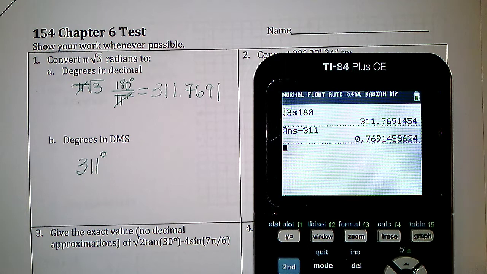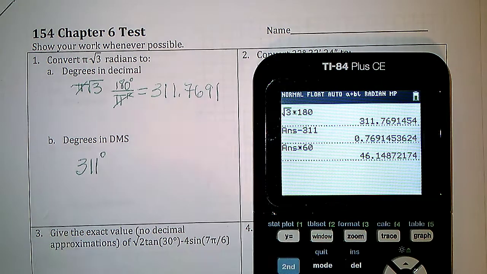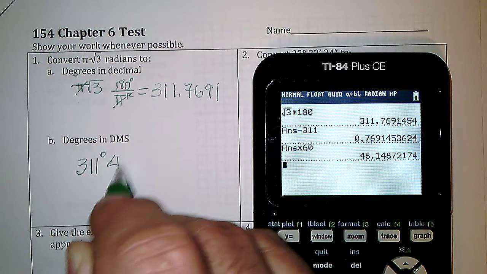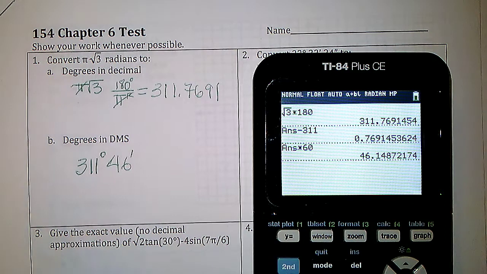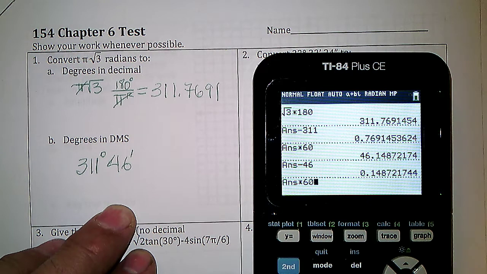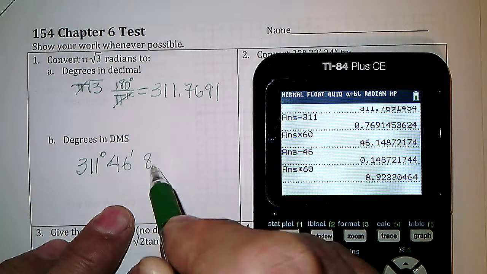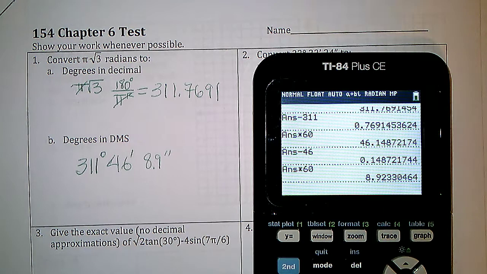So I'm going to multiply by 60, and I get 46 minutes. I don't keep any of that decimal because I'm going to get that in the seconds. So I subtract the 46 and times that by 60, and I get 8.9, or 9.